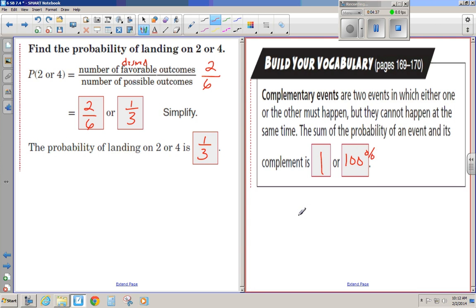A coin flip is a complementary event, because when you flip a coin, heads is 1 out of 2 possible. Tails is 1 out of 2 possible. Altogether, that equals 1, or 100%.